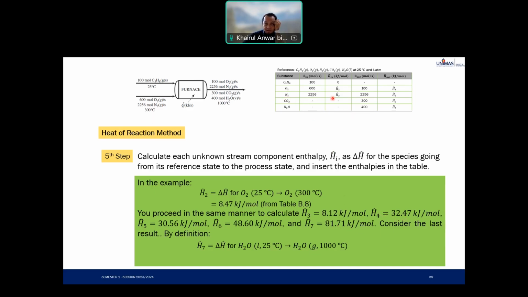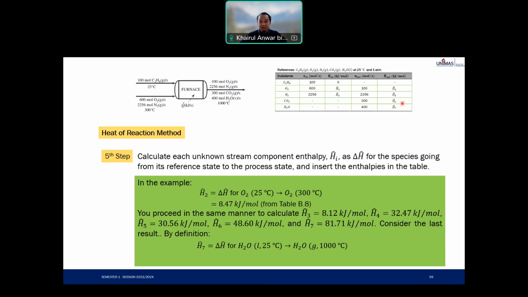H4 is the same idea. H4 is at 1000 degrees C, so 25 to 1000 degrees C. At 1000 degrees C, oxygen is 32.47 kilojoules. H5 is nitrogen at 1000 degrees C, 30.56.